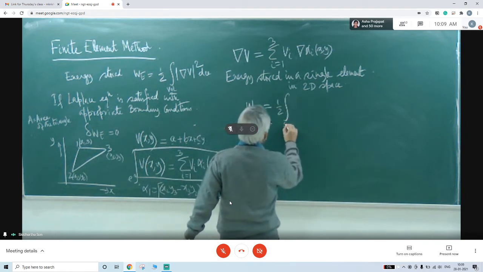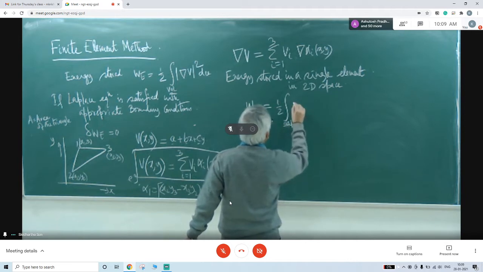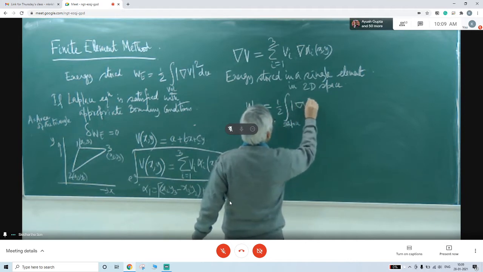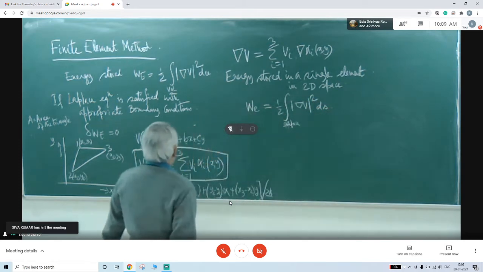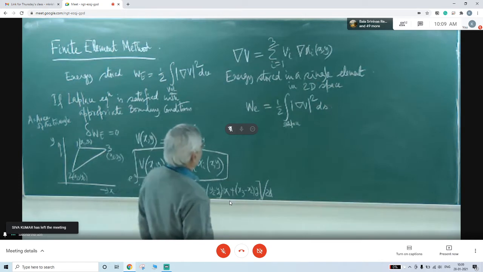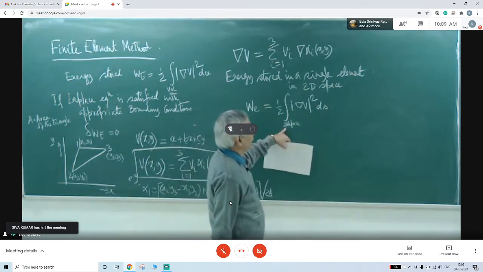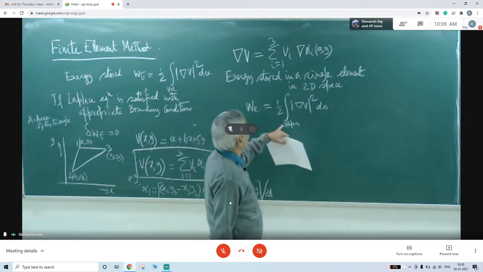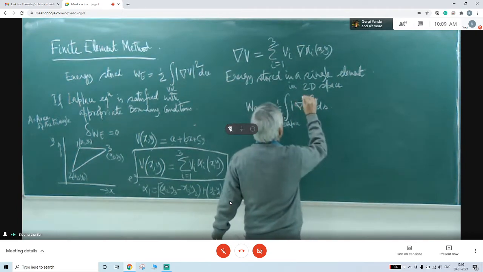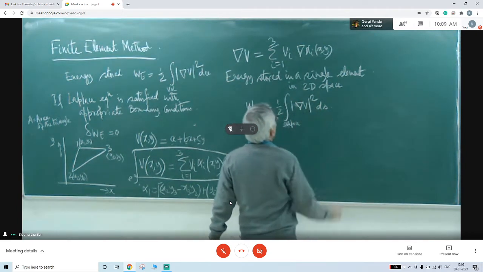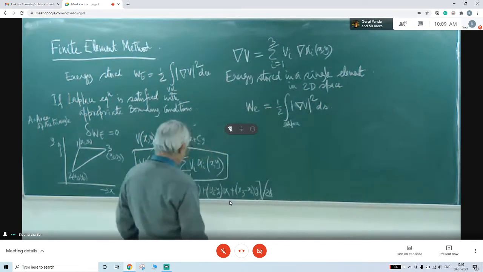So naturally, because it is a 2D element, this integration will be a surface integral, basically over the surface there, and that will be equal to the mod of nabla V whole square into ds there.